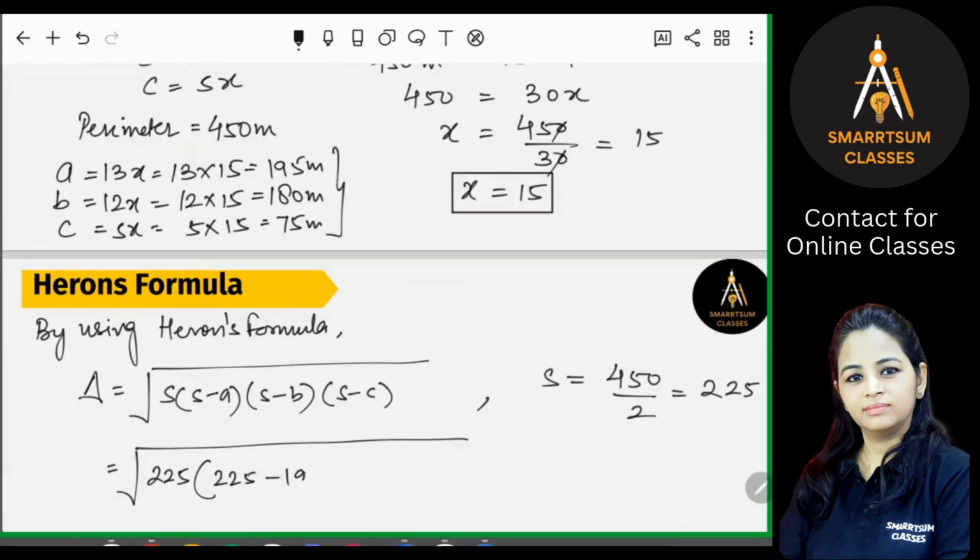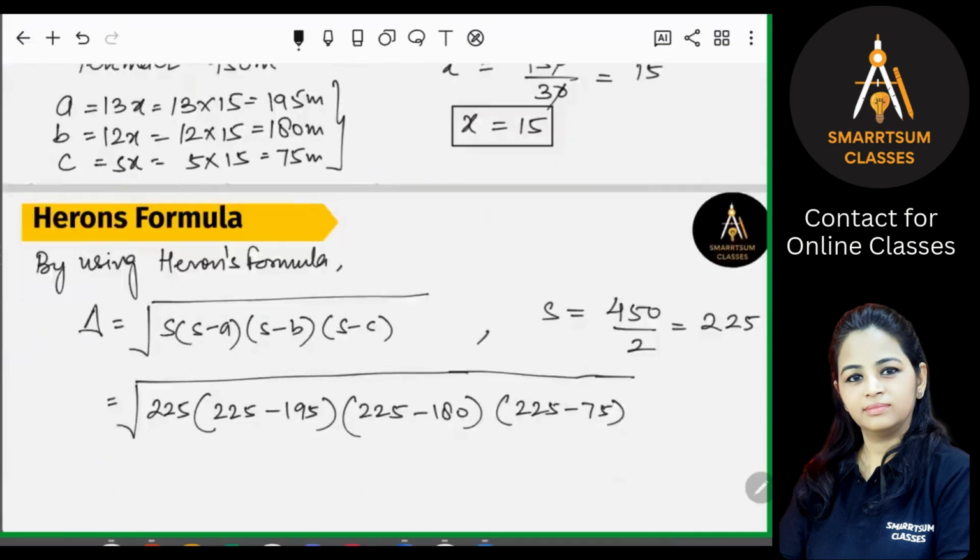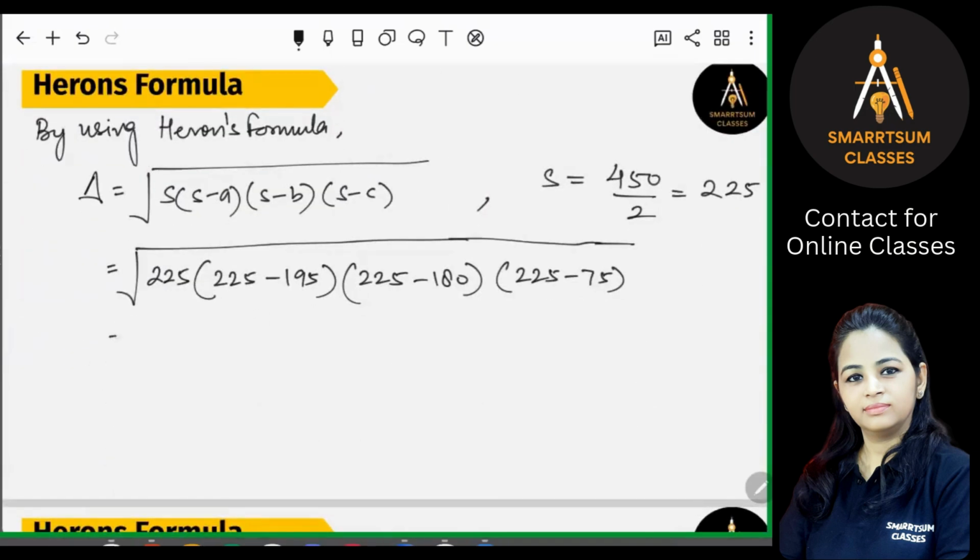So write down 225 minus 195. Then S minus B. B is given here as 180 meters, so write down 225 minus 180. And similarly S minus C. C is already given here as 75 meters, so this is 225 minus 75. Now we will further solve this.